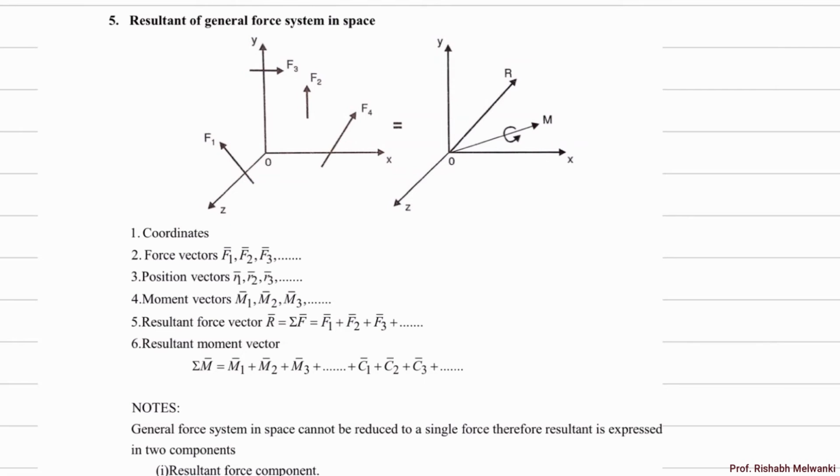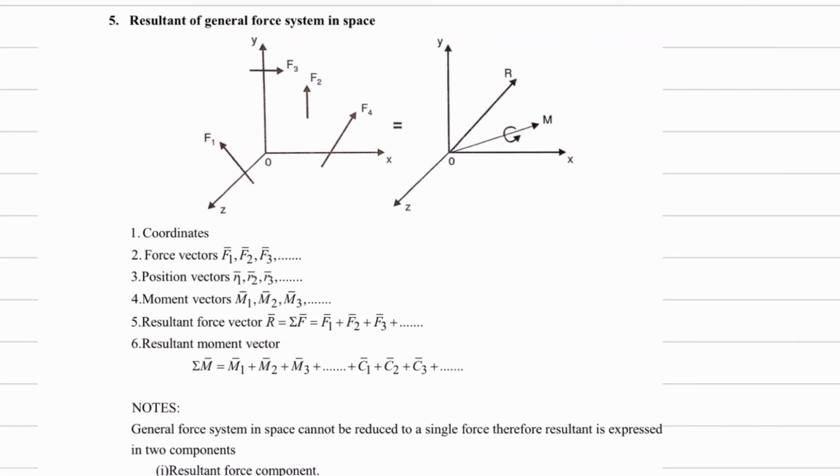They are random. They are not concurrent. All the forces are not passing through one point and they are not parallel. So this system is a general force system. Since all these forces are in three-dimensional space, this is a general force system in space.